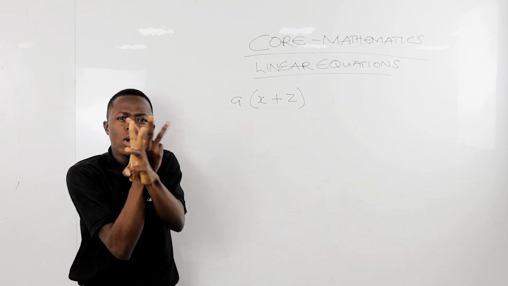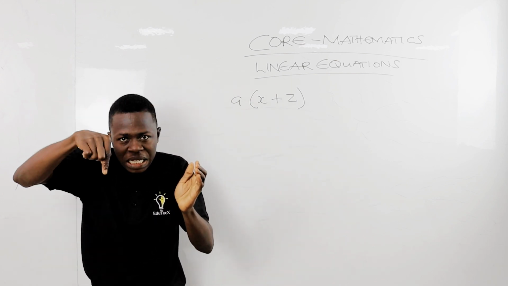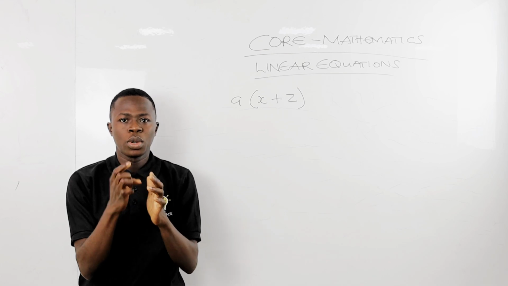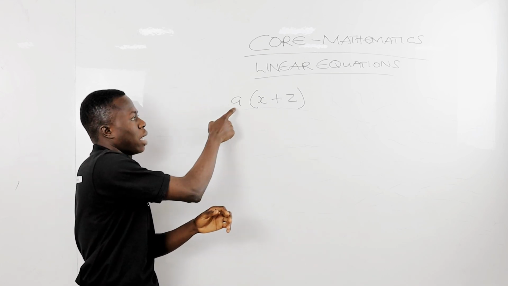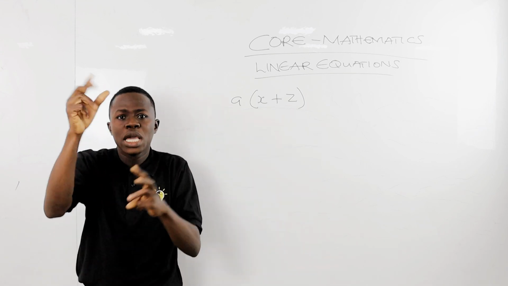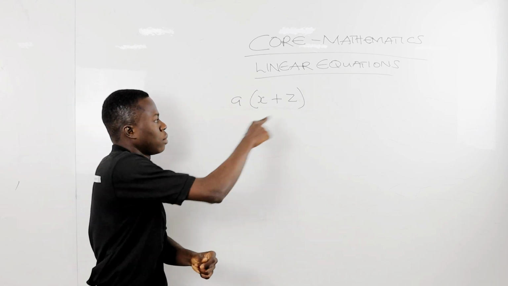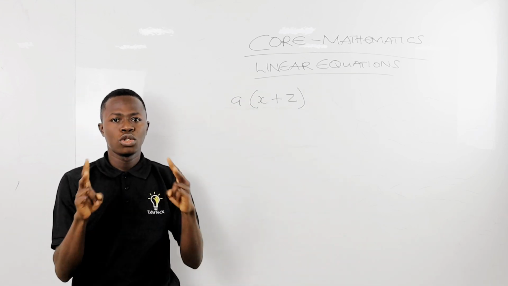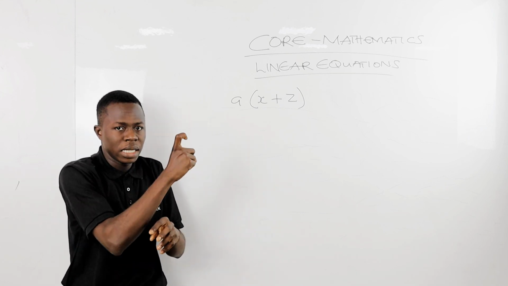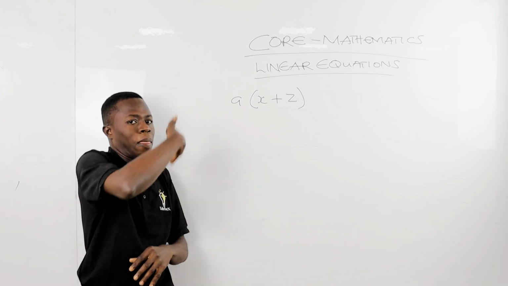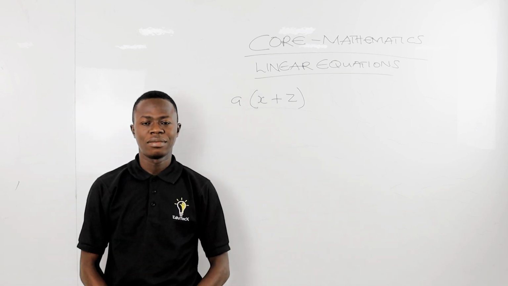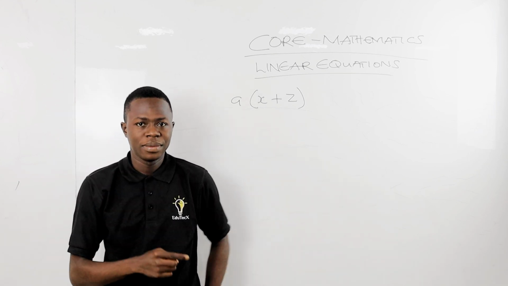You see the expression outside the bracket, you multiply that expression by the terms inside the bracket. So it means that a, which is the term outside the bracket, will multiply each of the terms that is inside the bracket. So we are going to have an example like a multiplying x, then after that you're going to have a multiplying z.